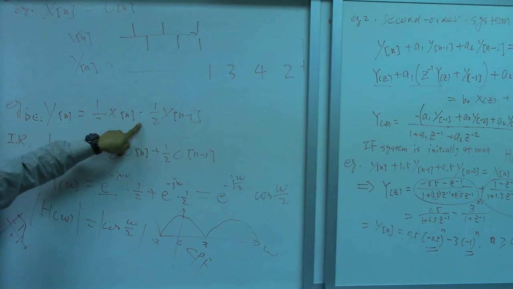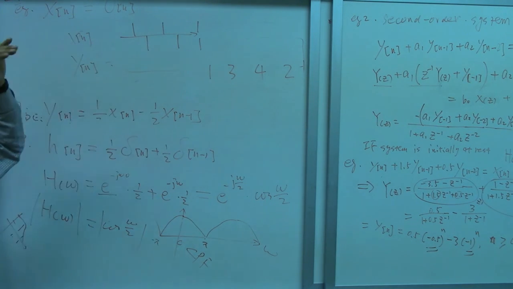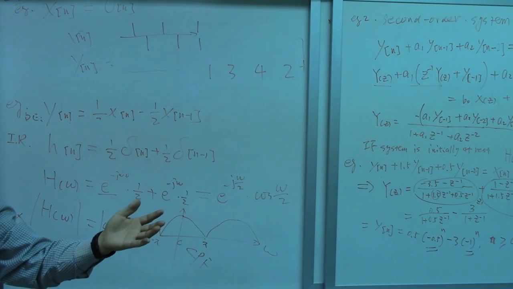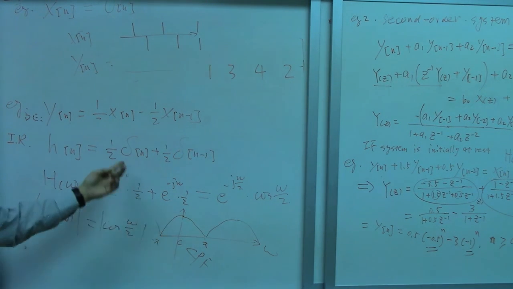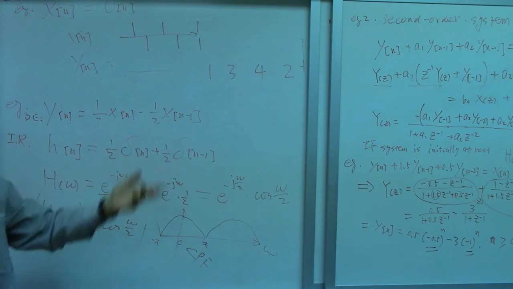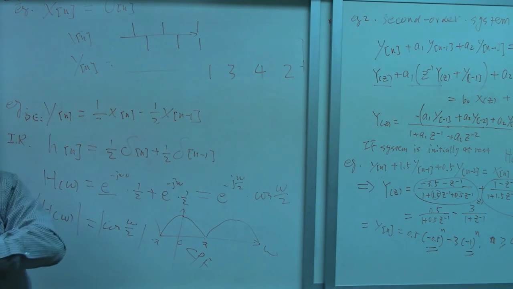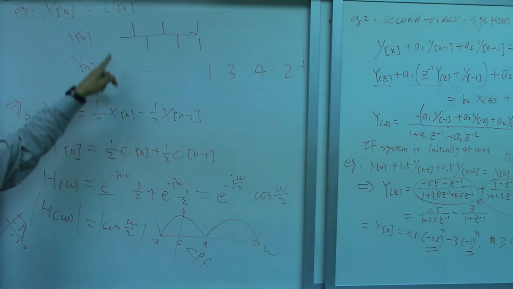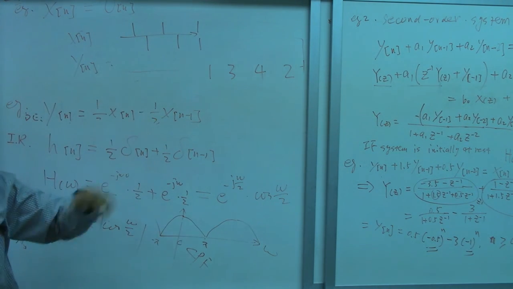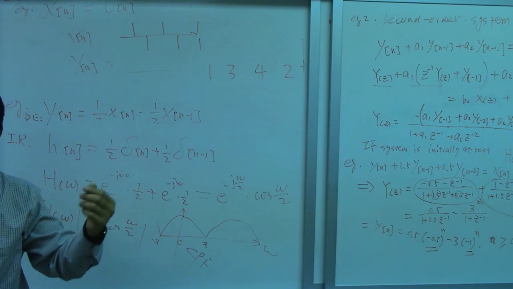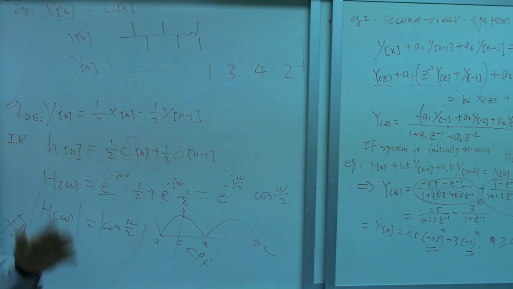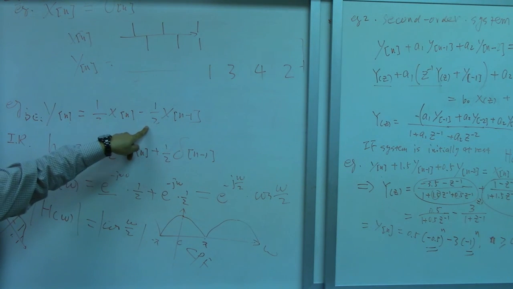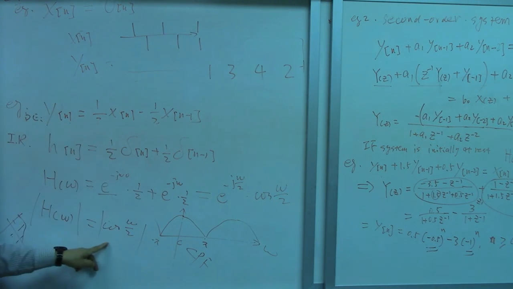If this is negative and your input is DC, 1, 1, 1, 1, 1, what is your output? Zeros, right? Because you subtract neighbors from each other, you get nothing. Means all DC is gone. If you have 1, negative 1, 1, negative 1, you subtract each other, divide by 2, you get 1, negative 1, 1, negative 1. So if this one is negative, that will be a high pass filter. The frequency response here will be a sine function.